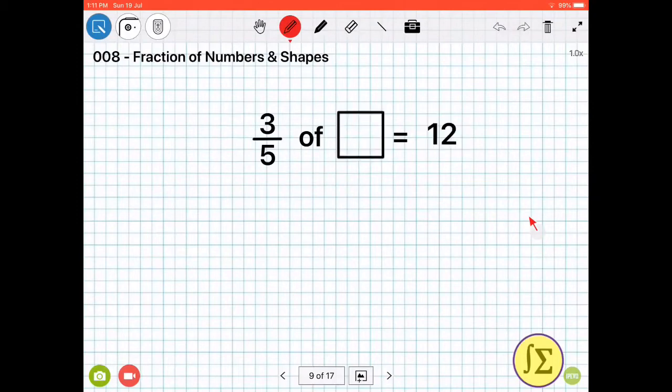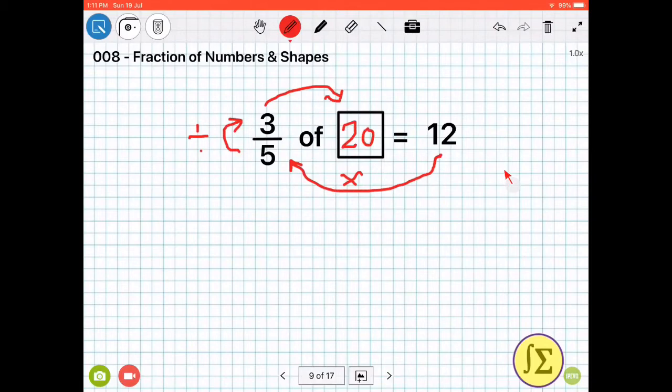If they don't tell you what's the number you're finding a fraction of, how do you get the answer? What you do is take 12, multiply it by 5, you get 60, and you divide it by 3. 60 divided by 3, you get 20.